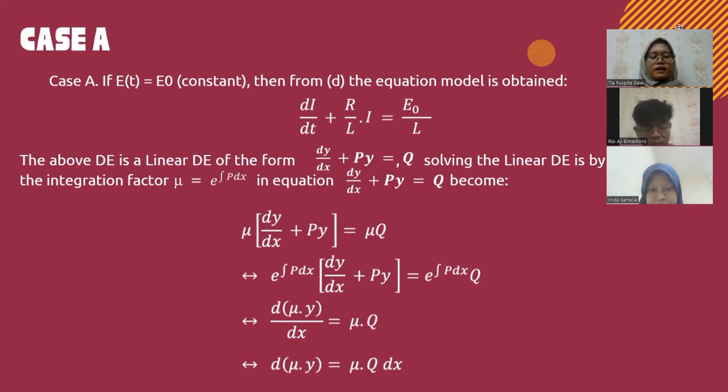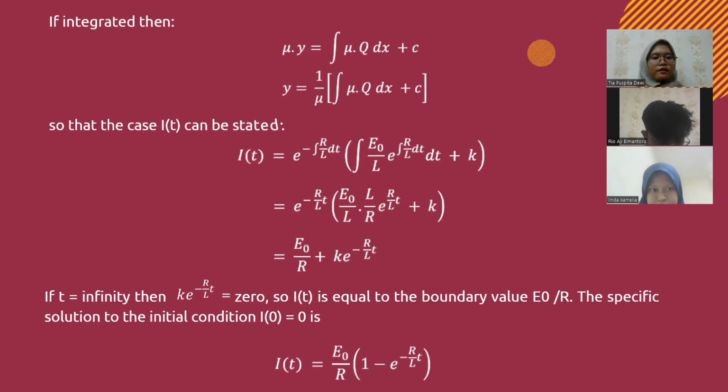And then we get d of mu times y equals mu times q dx. If integrated, then we get mu times y equals the integral of mu times q dx plus c. And then we get y equals 1 over mu times the integral of mu q dx plus c.